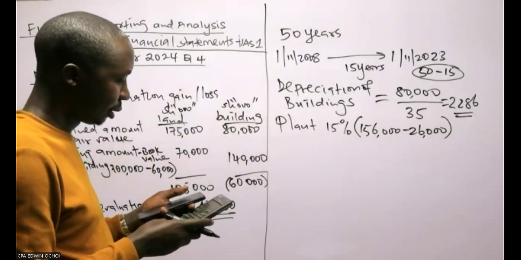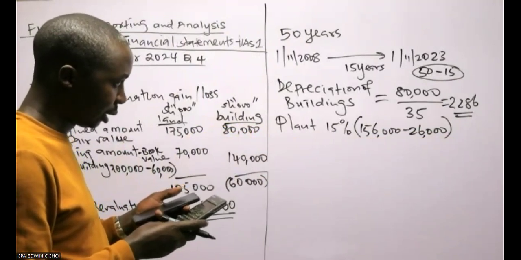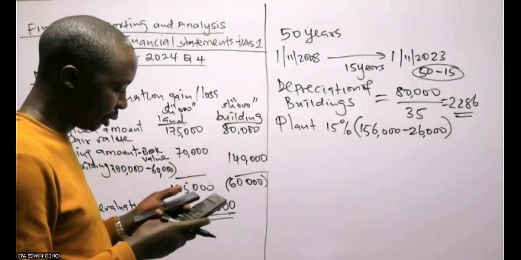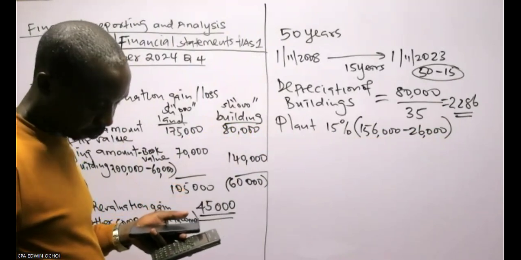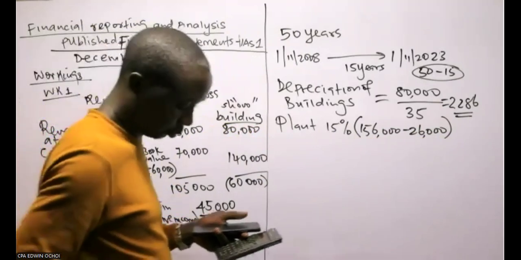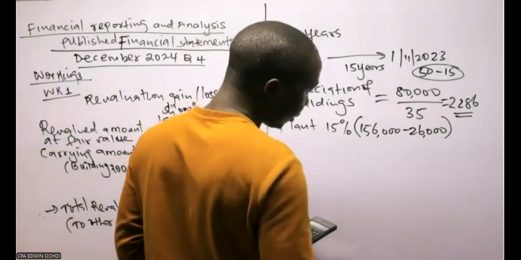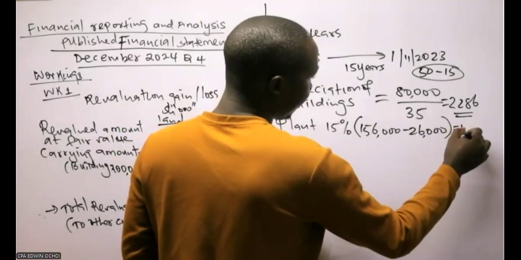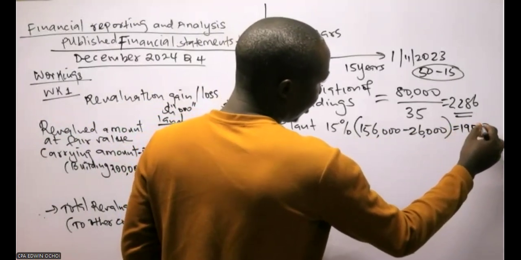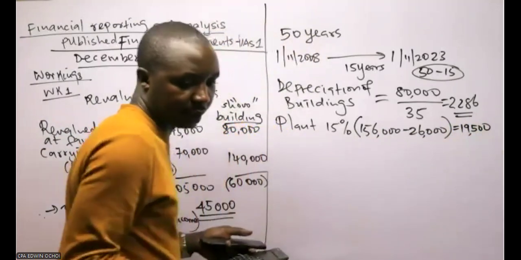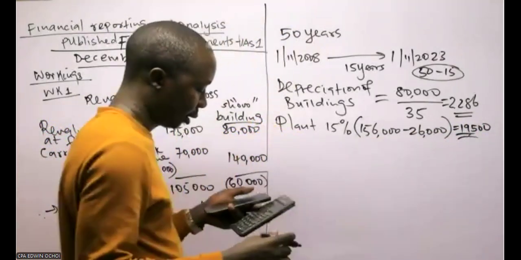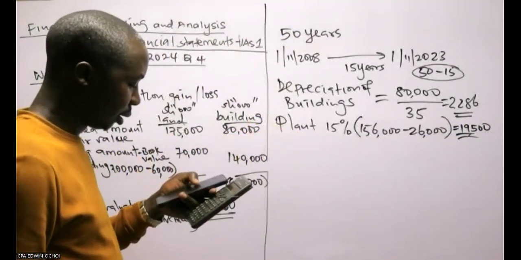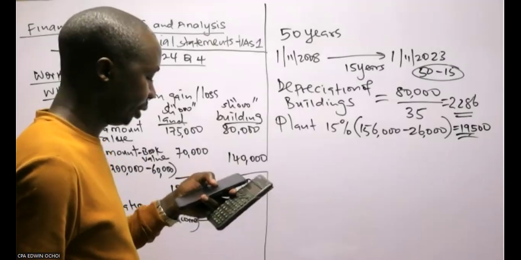So 156,000 minus 26,000, which is accumulated depreciation, times 0.15. You get 19,500. So they say that when we will be classifying these expenses, they go to where? To cost of sales. That is what they said.